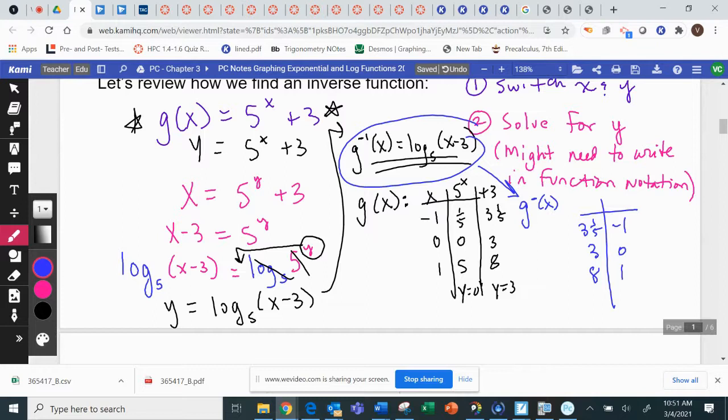Do you think you know, Chris? So how am I going to change y equals 3 to the other column? X equals 3. Exactly.